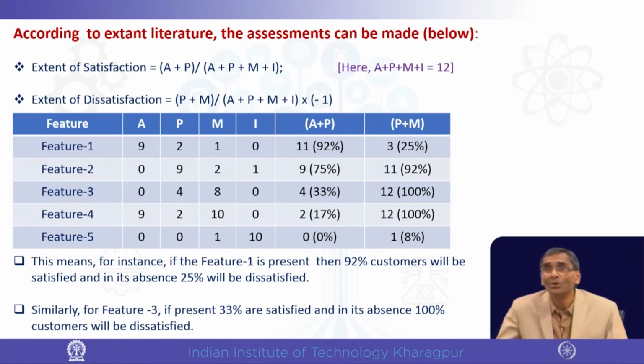This is how we choose which features should be there in the product. The explanation is already given at the bottom, as I have just said, so you can check it later on if you want.